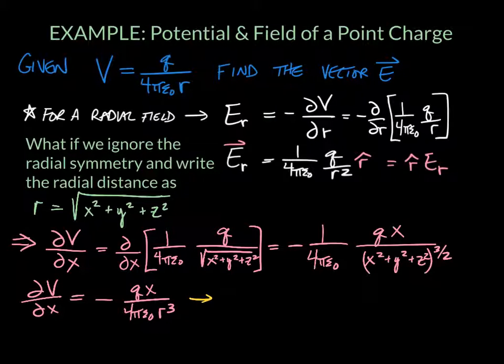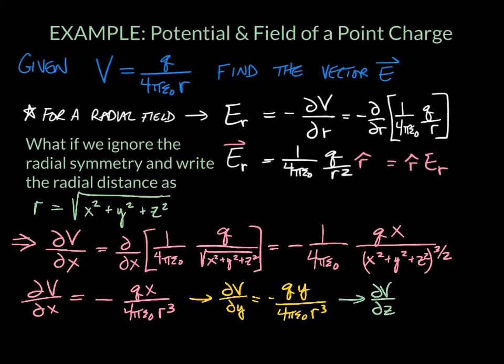Well, that means the y version is going to work out exactly the same, except you have y in the top. Which means your z version will work out exactly the same, except it'll have z in the top.